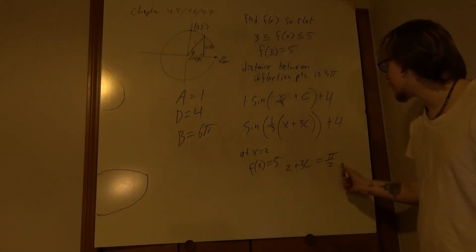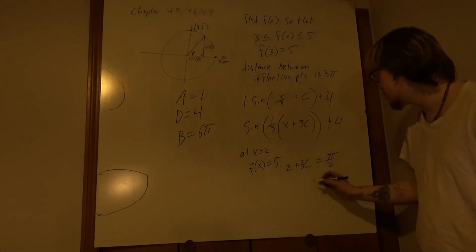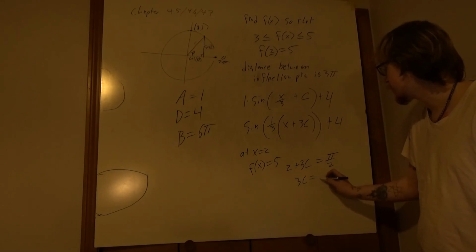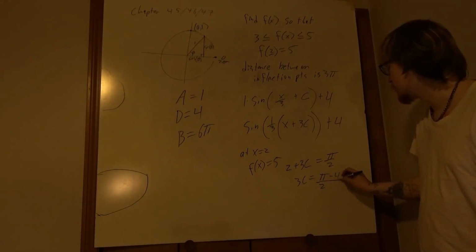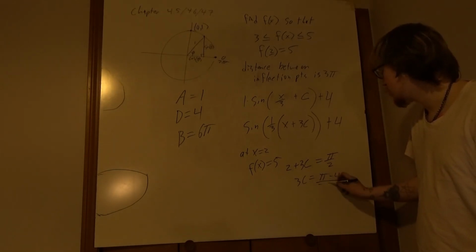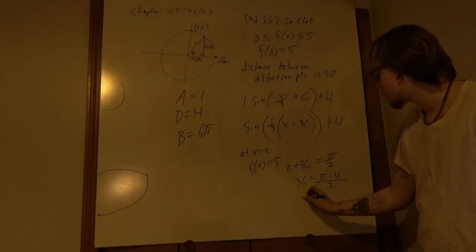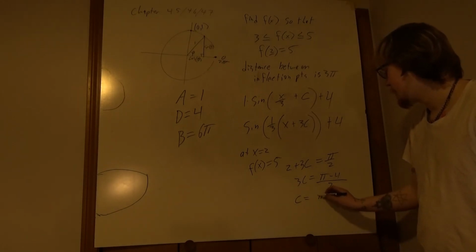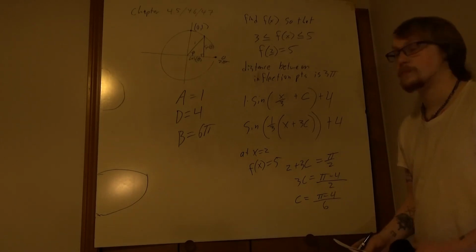And this is going to be a super simple thing to figure out. All we have to do is subtract 2 from both sides to get 3c is equal to pi over 2 minus 2, and I'm just going to combine this to be pi minus 4 all over 2, and then we divide by 3. So c has to be pi minus 4 all over 6.